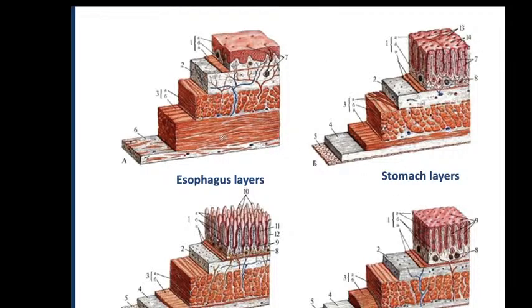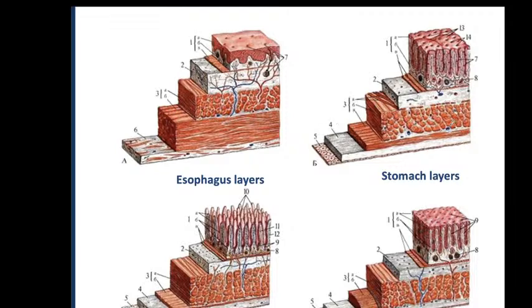And the next slide shows you different layers for the esophagus. You see that the different digestive organs have different combinations of layers. Here is the esophagus, and you see quite a thick muscular layer.